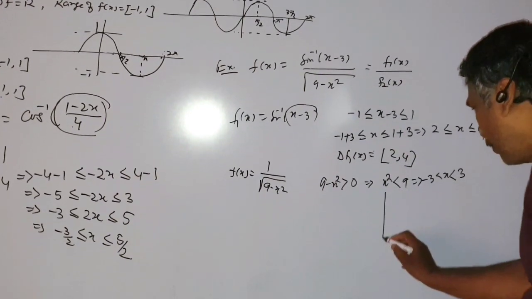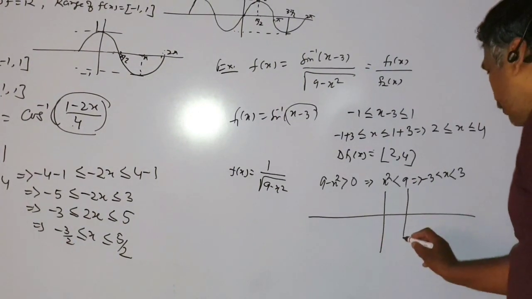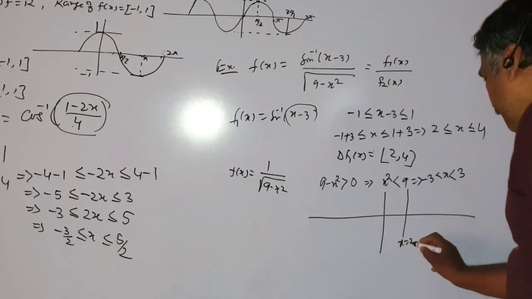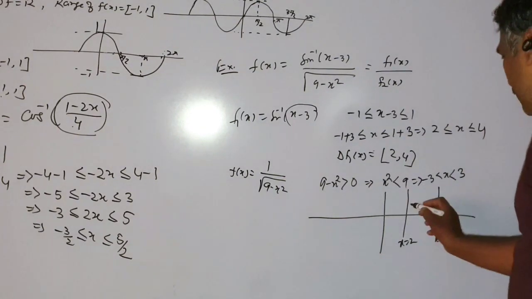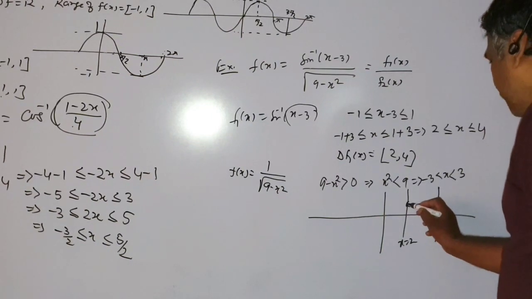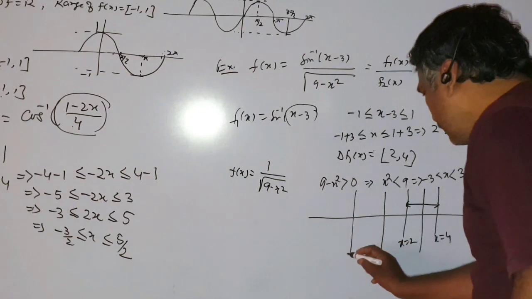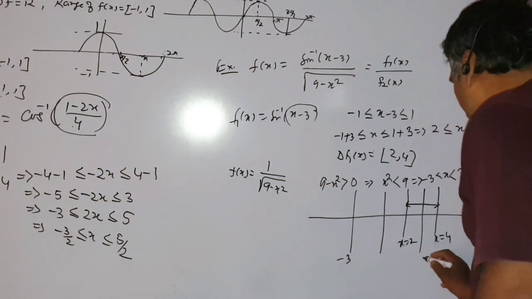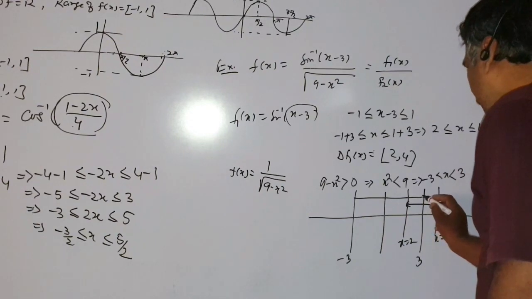Okay, now if you draw a graph, suppose this is x equal to 2. Now let us say this is x equal to 4. Now first one is 2 to 4. Okay. Second one is -3 to +3.